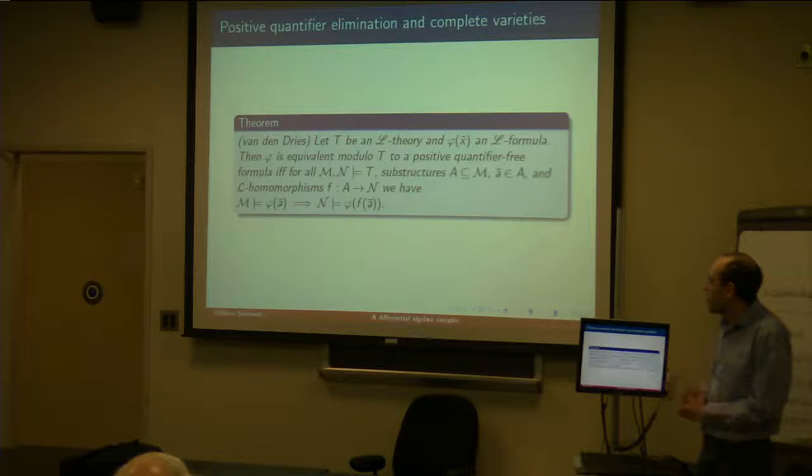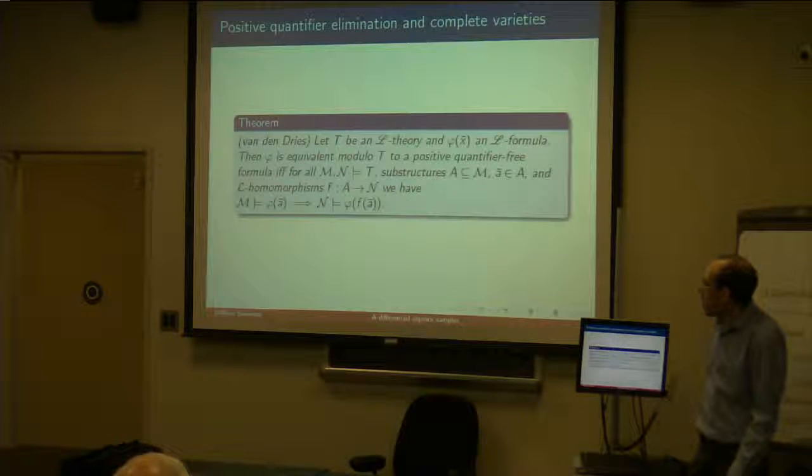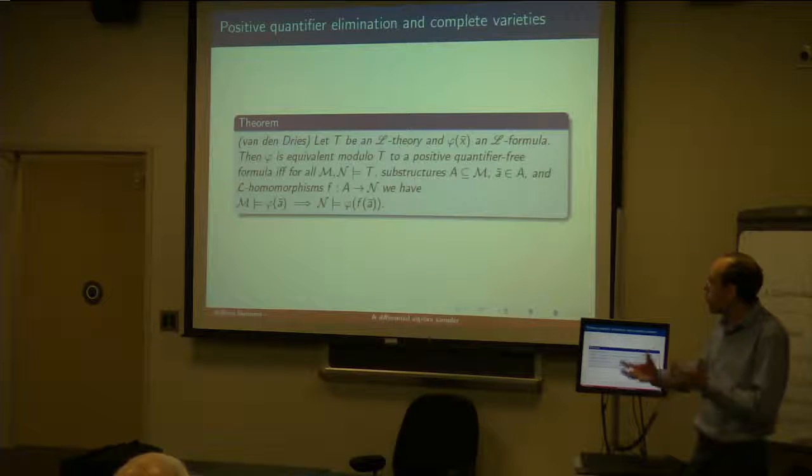It's analogous to the well-known criterion for quantifier elimination, but you expand the set of maps under which you want your first-order formula to be preserved in going from one model of the theory to the other, to homomorphisms.